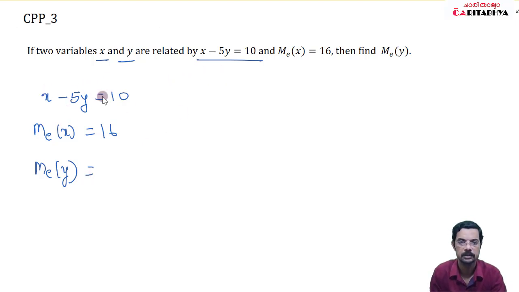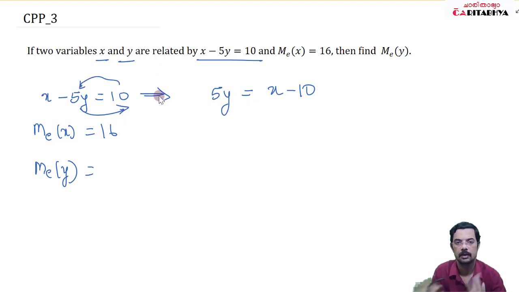Now let us convert this equation so that it looks like y equal to something. So I'll take the 5y to the other side. So I get 5y equal to x minus 10. I am taking this 10 to that side, and this 5y to this side, and then writing it in reverse order. So 5y equal to x minus 10.